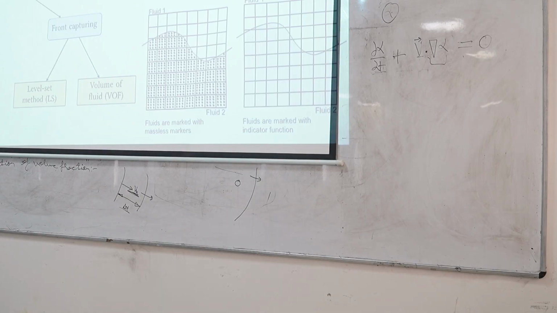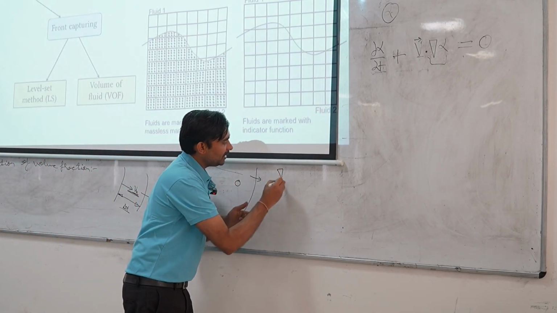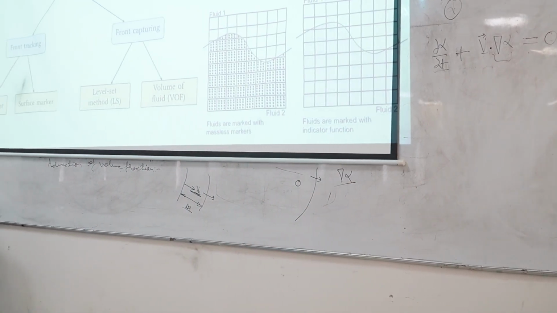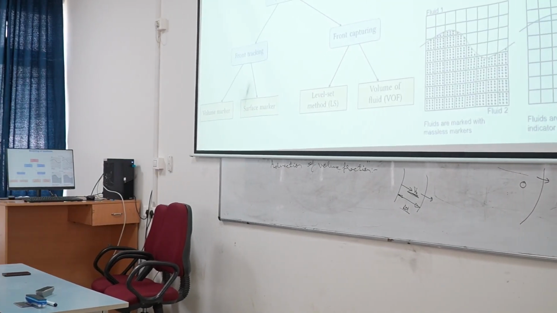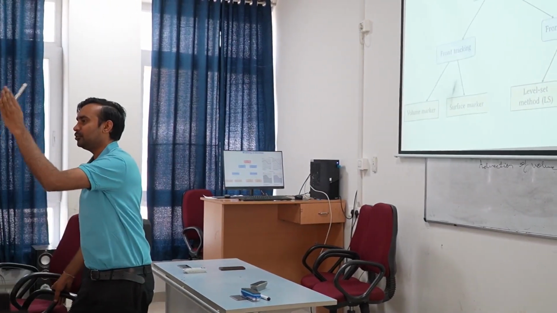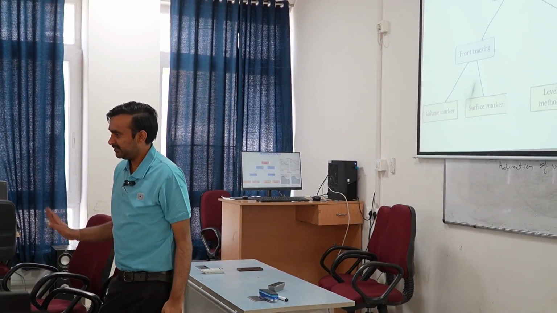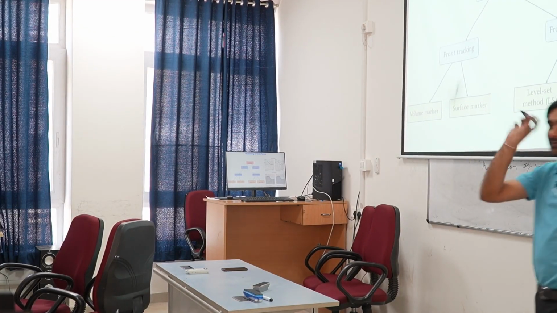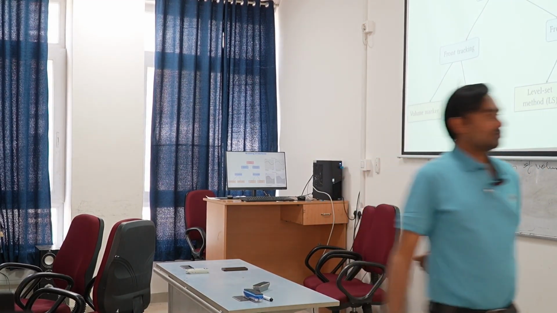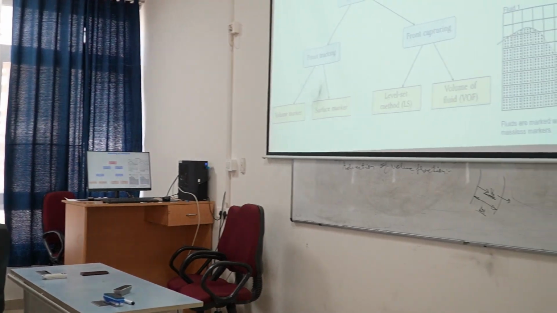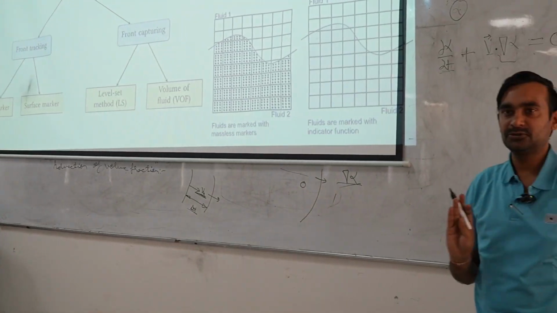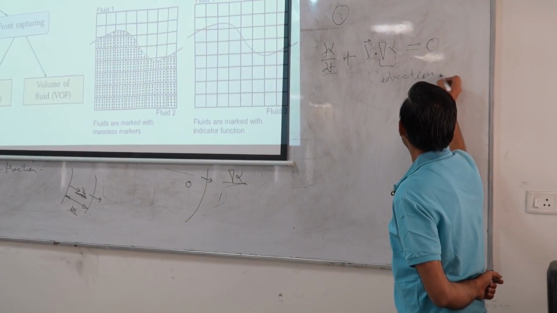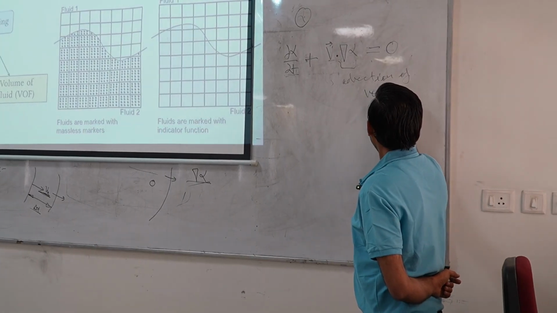Second important point, whenever we mathematically apply the gradient operator on a scalar field, the gradient of a scalar field always defines the direction normal to the constant contour of that scalar quantity. Is this point clear? So, the gradient of alpha is defining the normal direction. That is why I am using V vector dot gradient of alpha equal to 0. So, this equation is typically my advection of volume fraction field.